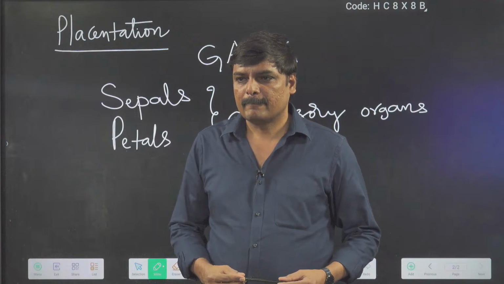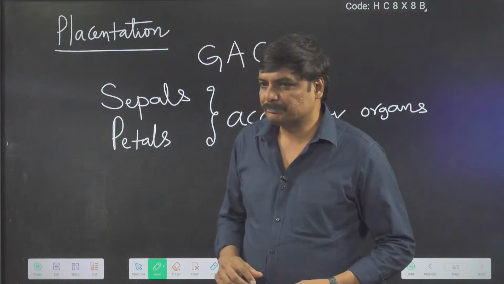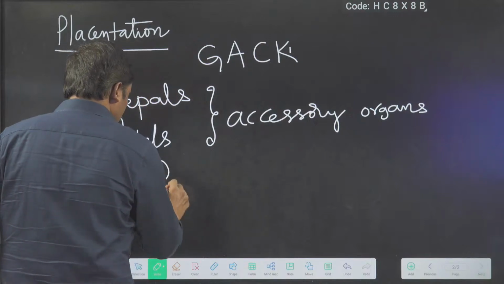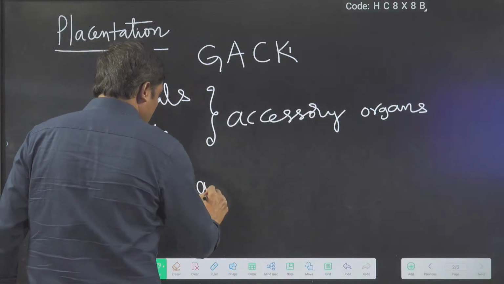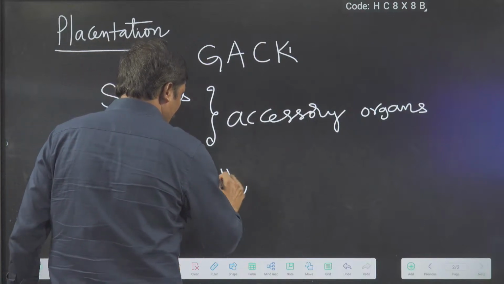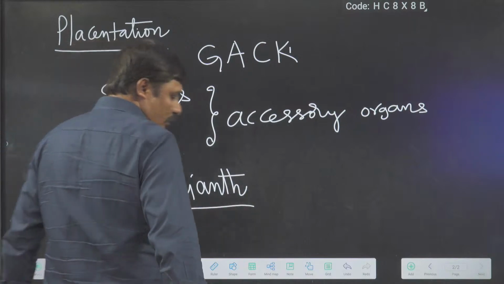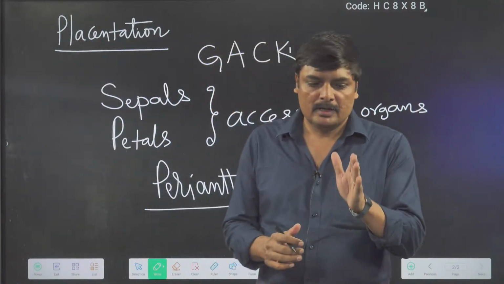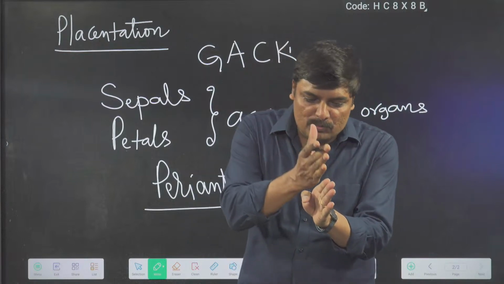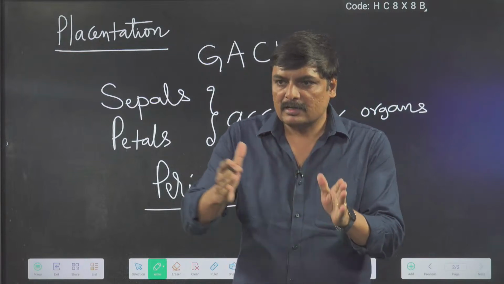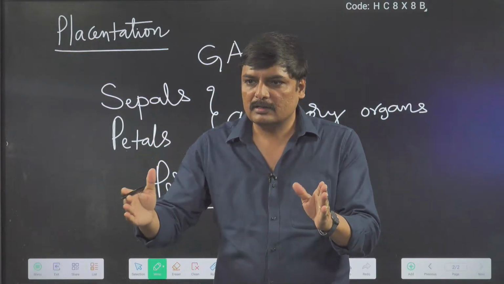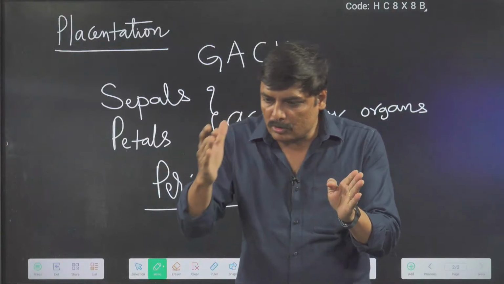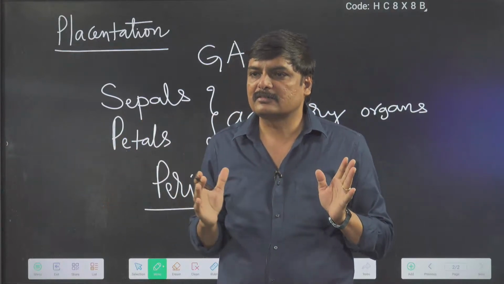Yes. One more point. What is perianth? Suppose the outermost whorl is calyx, the second whorl is corolla, calyx is composed of sepals, corolla is composed of petals.